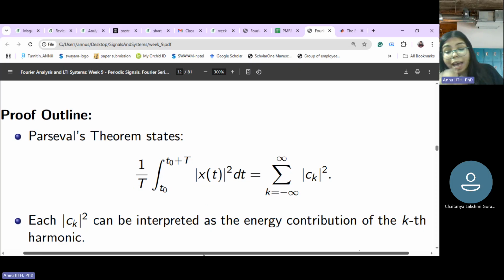Because you have a Fourier series as a sum of sine and cosine. One sine and cosine leads to one harmonic. So their Fourier series coefficient gives the energy contribution of the harmonic. Why are we talking about energy? Because it is a square of that, so it is an energy contribution.